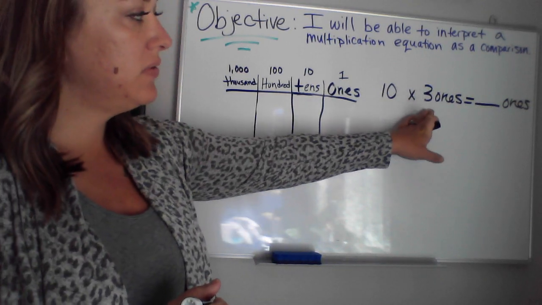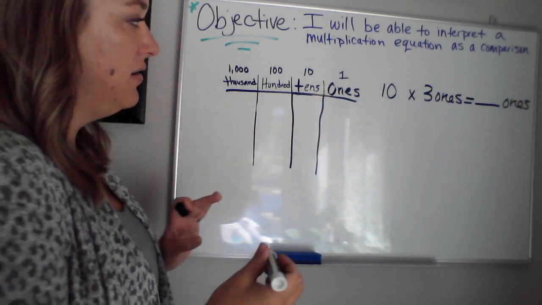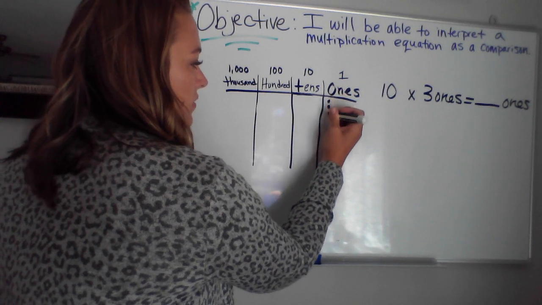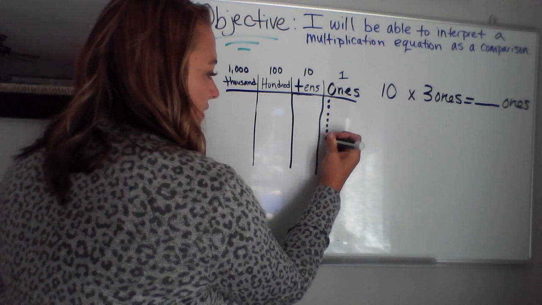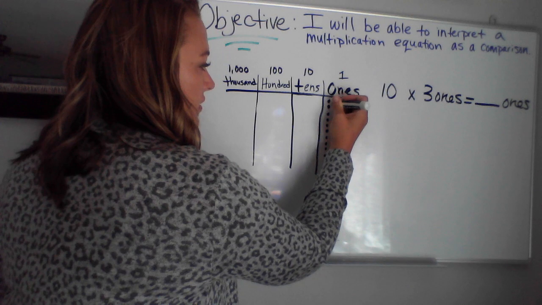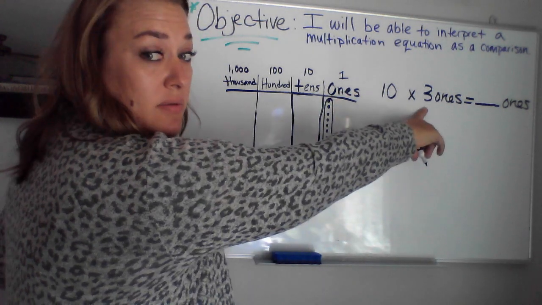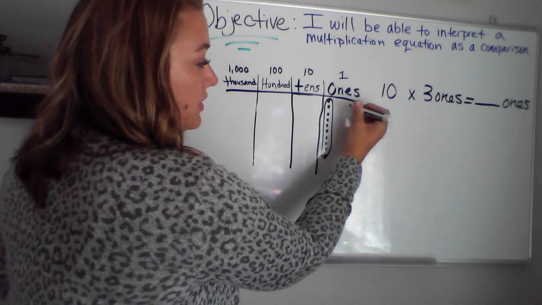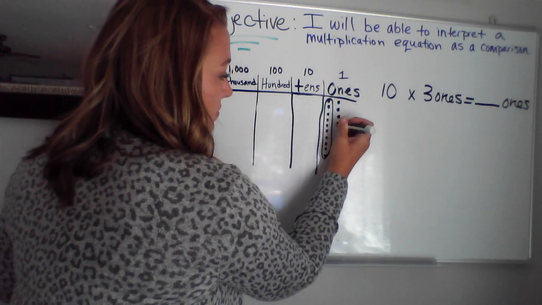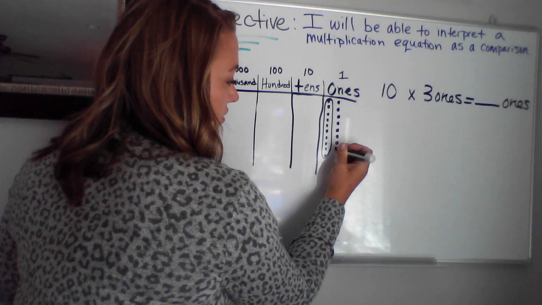So 10 times 3 ones, I'm going to start with my 10. 1, 2, 3, 4, 5, 6, 7, 8, 9, 10. There's one group of 10 ones, but I need 3. I'm multiplying that by 3. So I'm going to need 3 groups to show my equation on my place value chart.